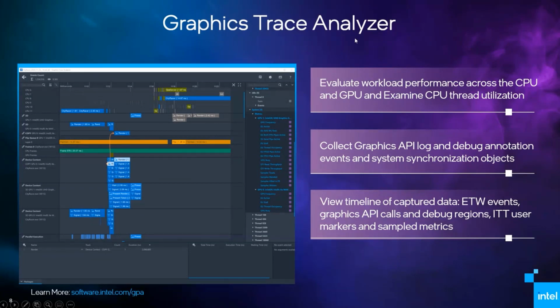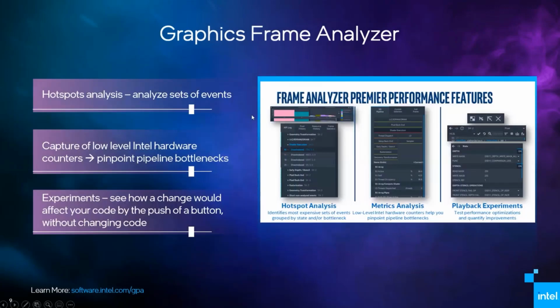So that's Trace Analyzer. Okay, so the highlights of Frame Analyzer, you can do hotspots analysis. You can analyze sets of events. As you've seen, we capture a lot of data, and so you can group data. You can look at specific draw calls in a frame.